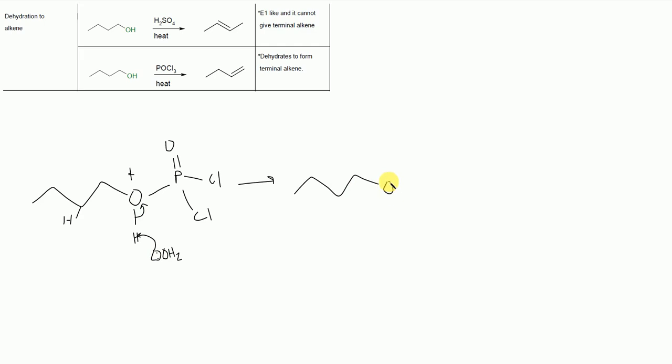Again, this mechanism is not that important, but I always think it's beneficial, and I learned a lot on my own by finding out these mechanisms, and from just how these things happen and when they happen and why it happens, and how this helps form the different products that we have. So now I have this structure over here.